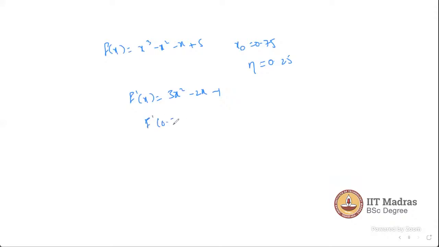So we have f of x as x cubed minus x square minus x plus 5, x naught equals 0.75, and eta equals 0.25. F dash of x is equal to 3x square minus 2x minus 1. Which gives f dash of 0.75 equal to what?